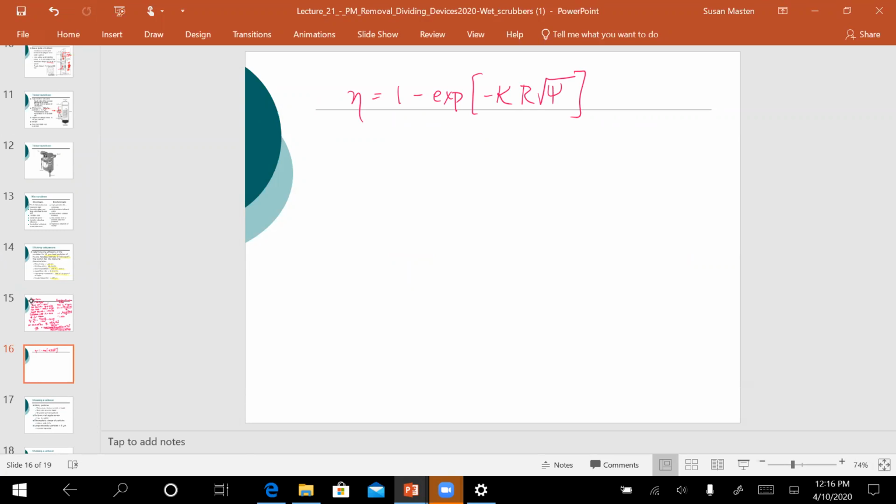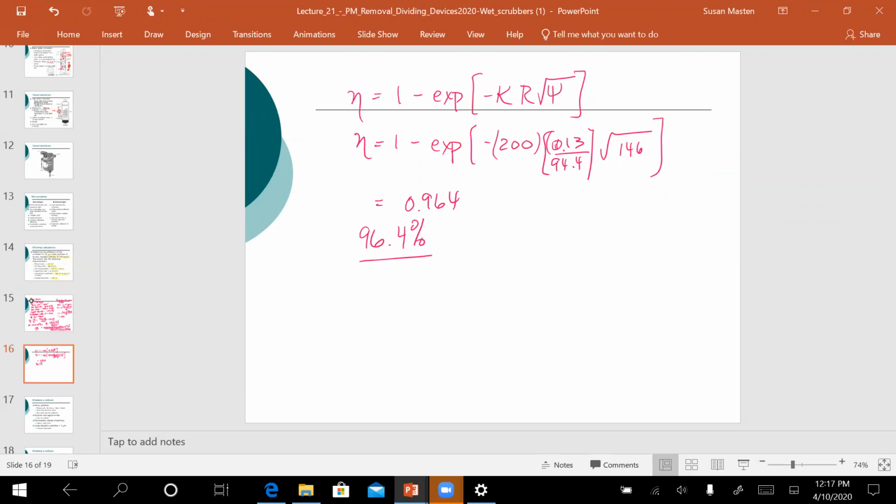Obviously, this is an empirical equation, and this is equal to 1 minus exponent of minus 200 times r, which is 0.13 divided by 94.4, times the square root of 146, and that is equal to 0.964 or 96.4%.